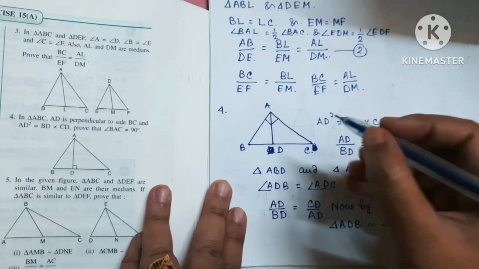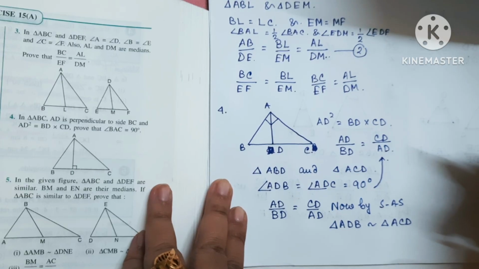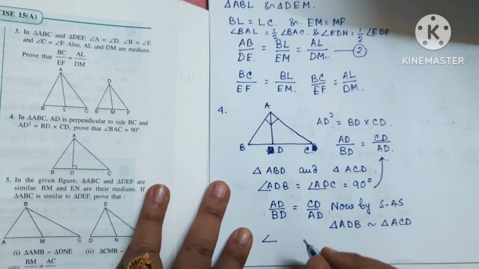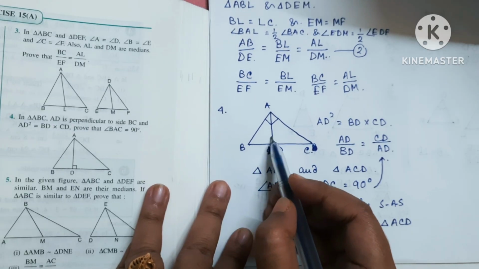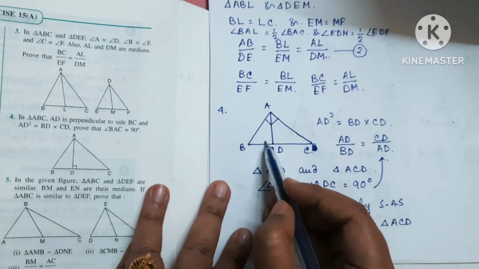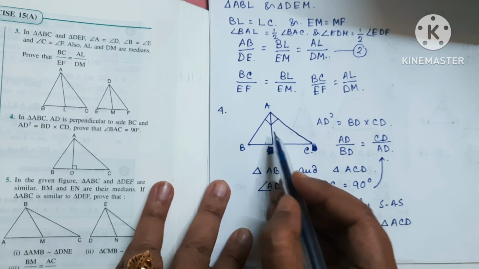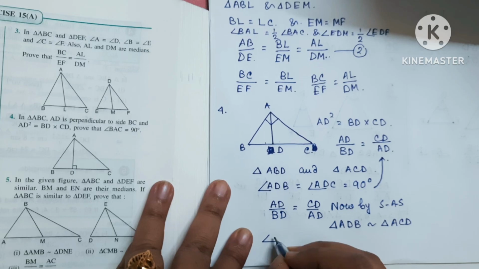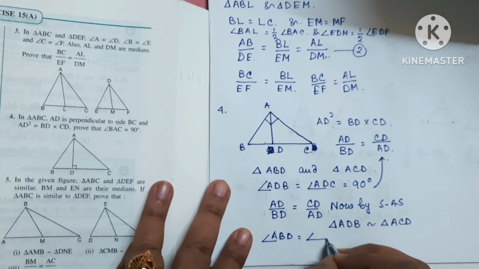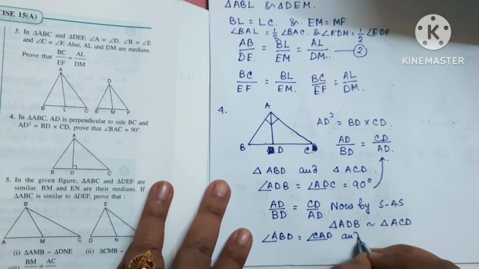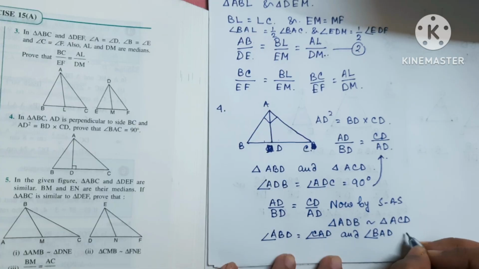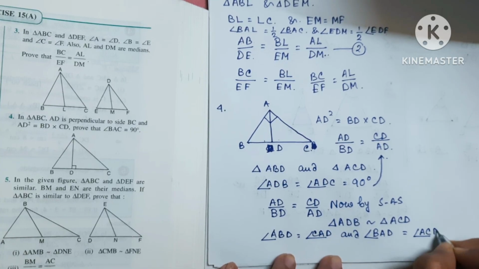That means corresponding angles are equal, right? Now see, since these two triangles are similar, that means angle ABD is equal to angle CAD and angle BAD is equal to angle ACD.